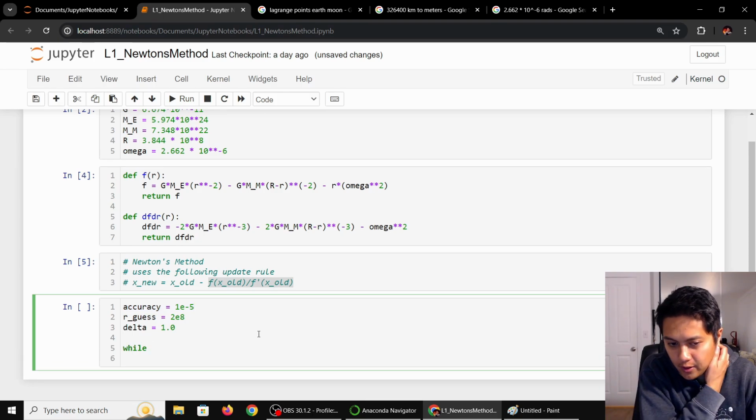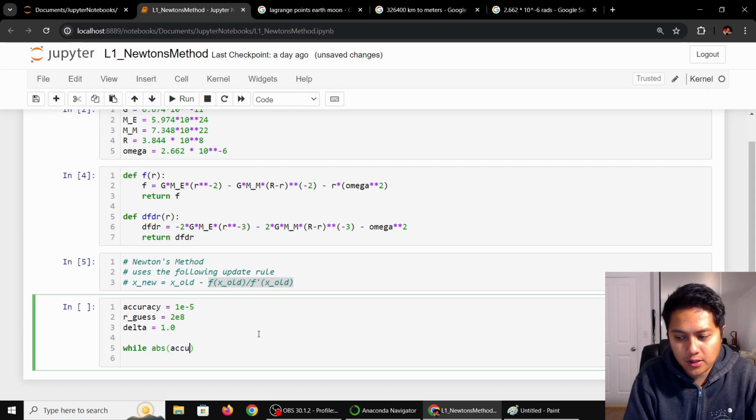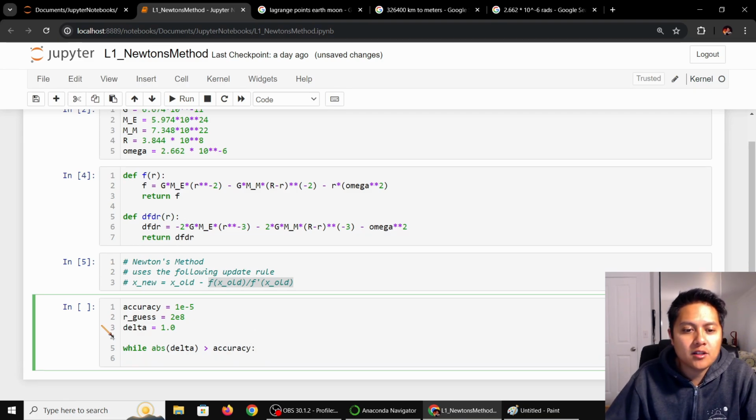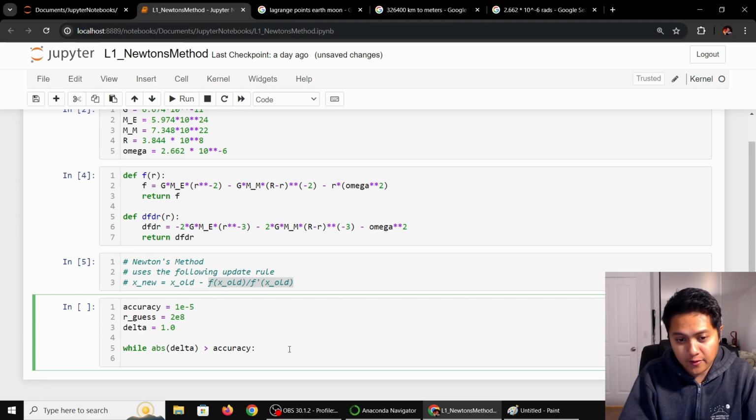So anyways, let's go here. While abs delta is greater than accuracy. So as long as delta, 1, is greater than accuracy, so this is going to be true, right? 1 is greater than 10 to the minus 5.